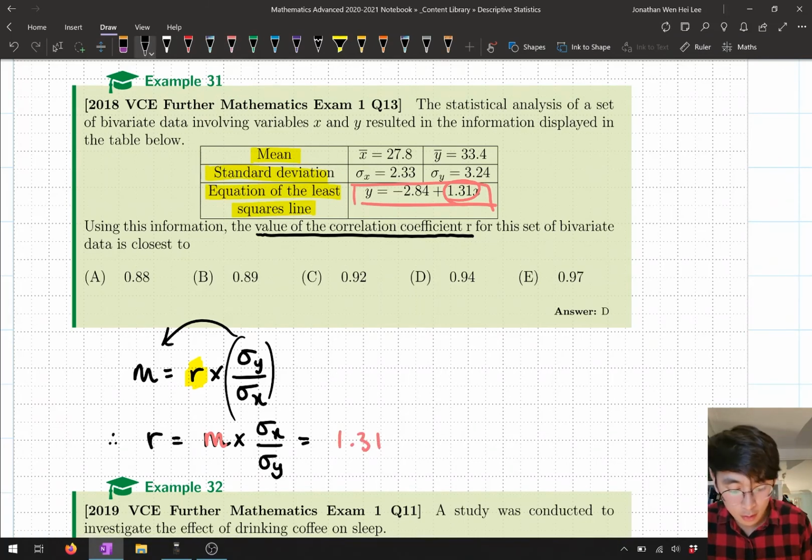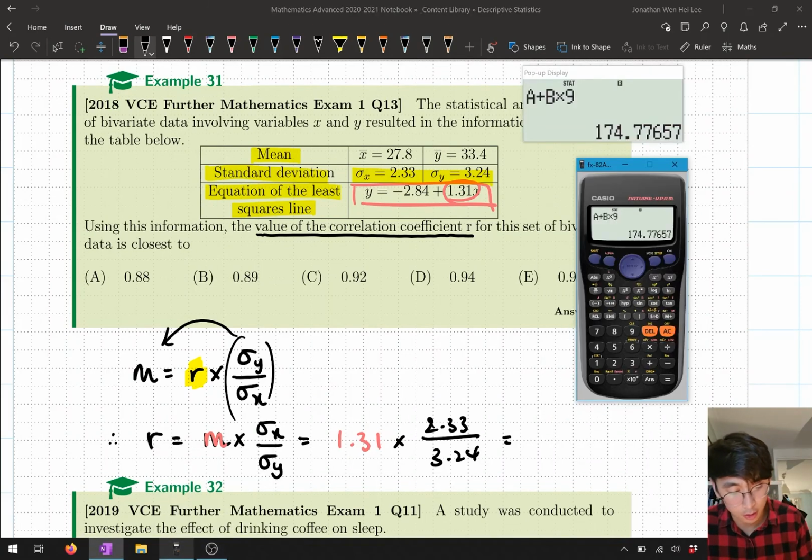So I'm going to sub in 1.31 times. The next parts I need are sigma x and sigma y, which is great for us because we have all that information here. So I just substitute sigma x, which is 2.33, over 3.24 for sigma y, and I can put this straight into my calculator.